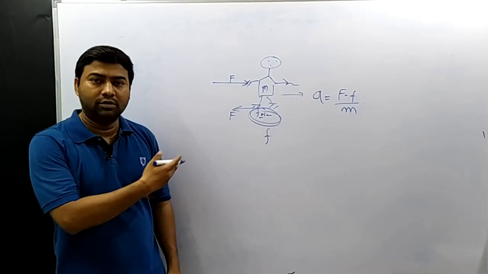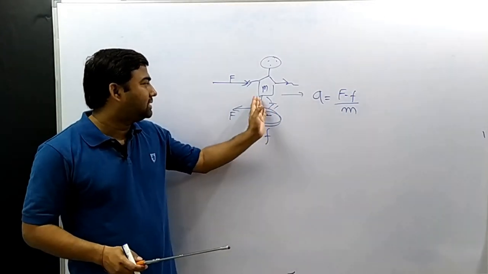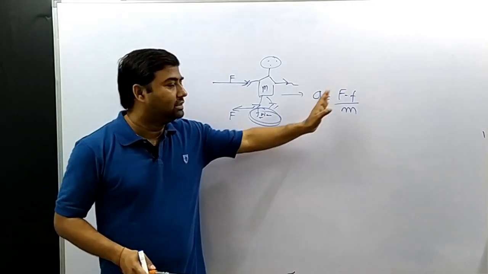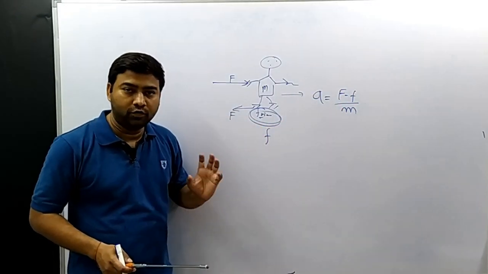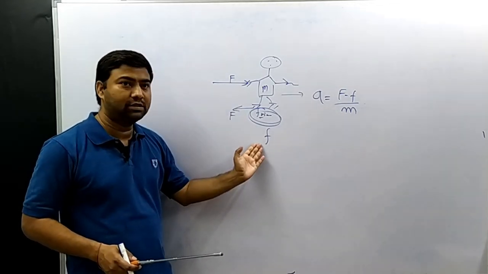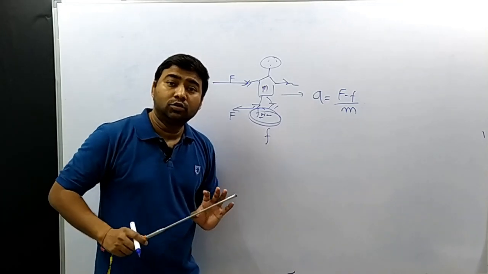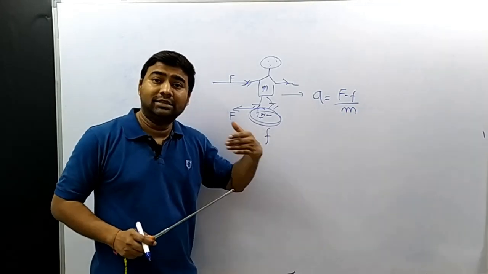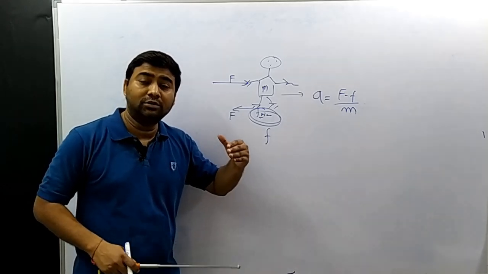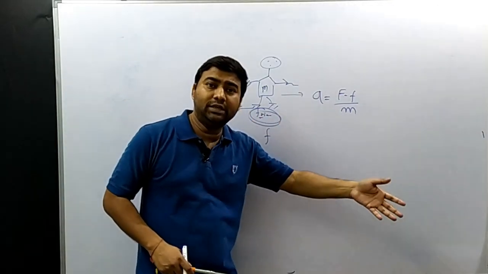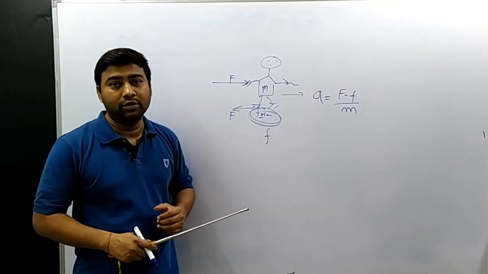That is simple Newton's second law, we will discuss it in detail. So the acceleration of the person in this direction is capital F minus small f, that is this force minus friction force, by m. So the person starts to change its position and start to accelerate. That means the person starts to change its configuration when the force is applied.